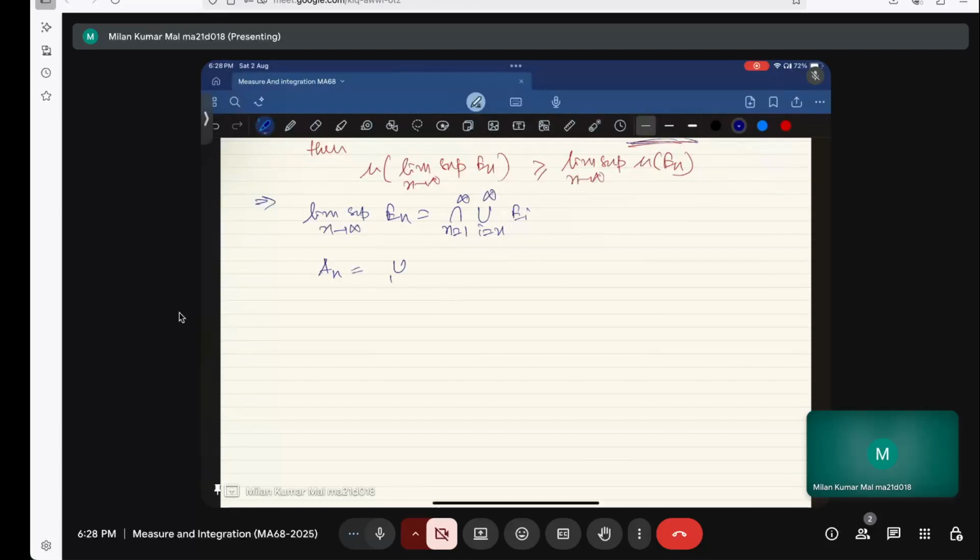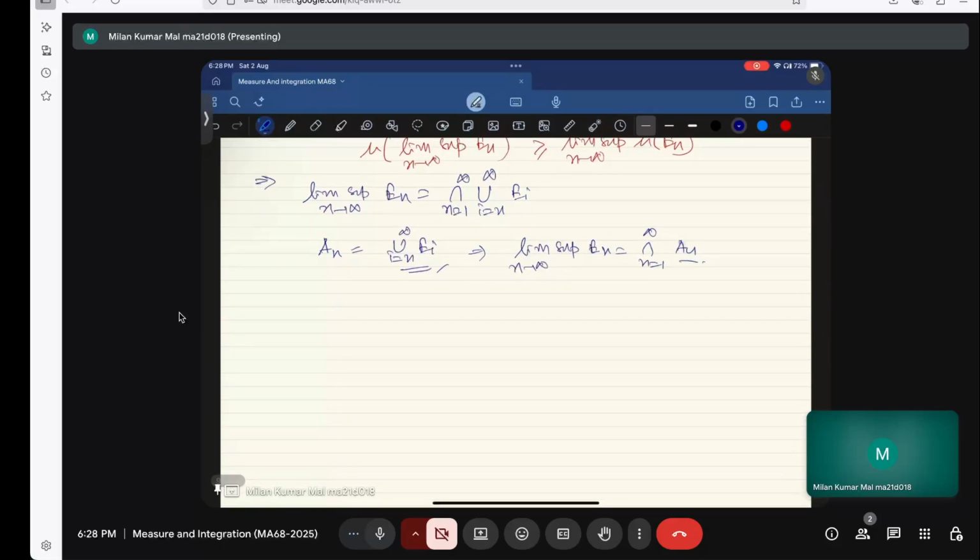An equals the union over i equals n to infinity of Ei. Okay, this is the first thing. So therefore, what we can get is that the limit supremum of En is equal to the intersection over n equals 1 to infinity of An.